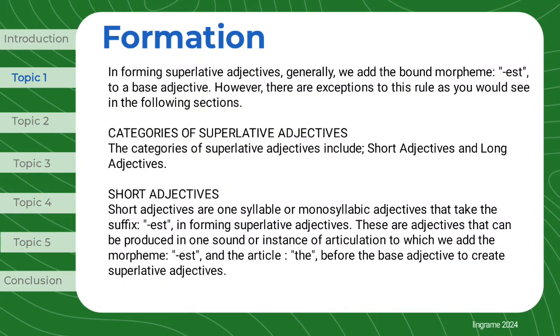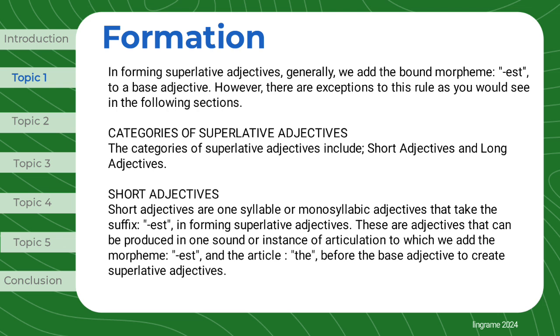Forming superlative adjectives. In forming superlative adjectives, generally, we add the bound morpheme "est" to a base adjective. However, there are exceptions to this rule, as you would see in the following sections. Categories of superlative adjectives. The categories of superlative adjectives include short adjectives and long adjectives.